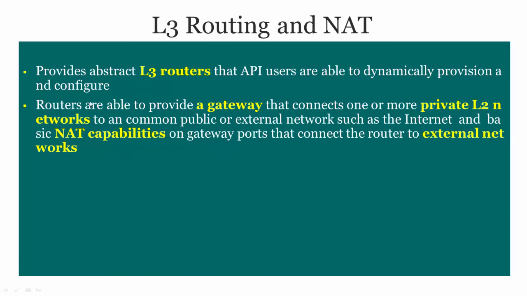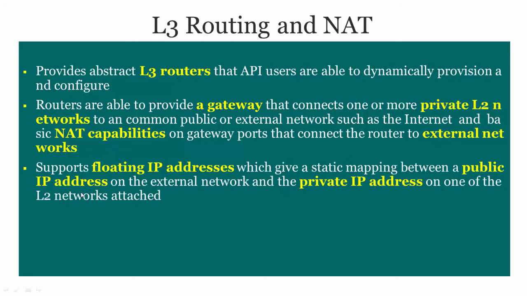So L3 routers can provide the gateway. This gateway can connect the private L2 network and the external network like the internet. Also, the router can provide the NAT service. This NAT service can provide the connection to the external network address.